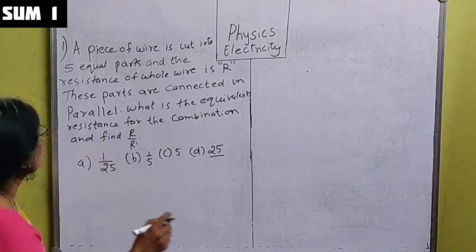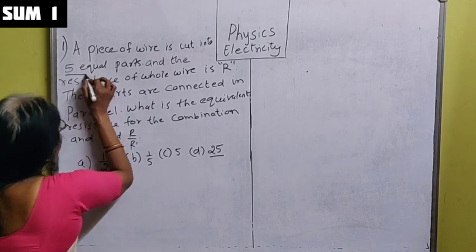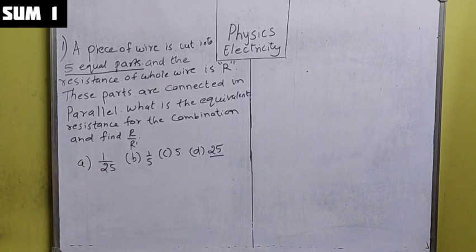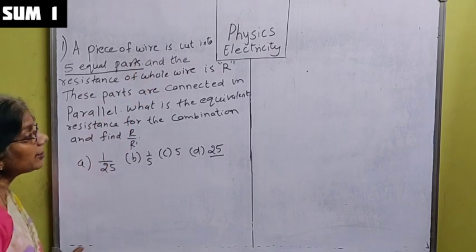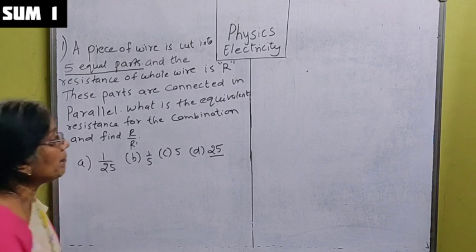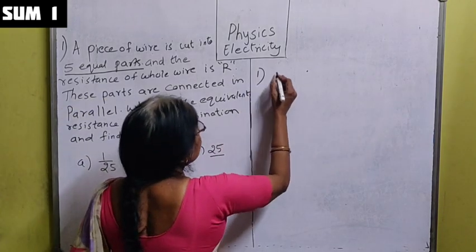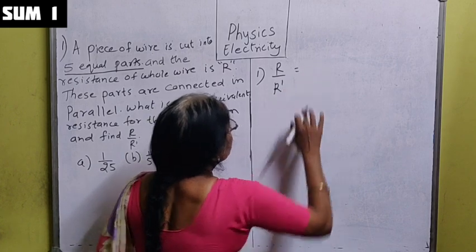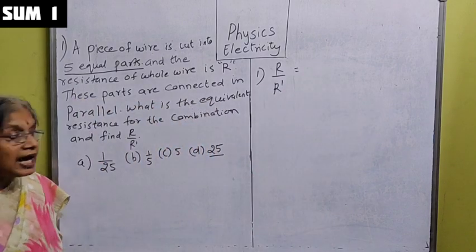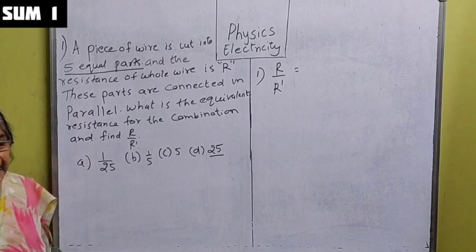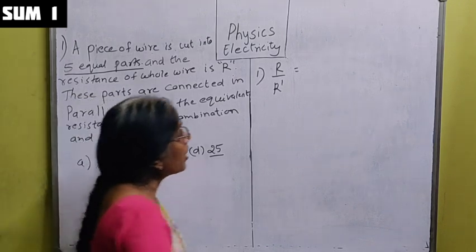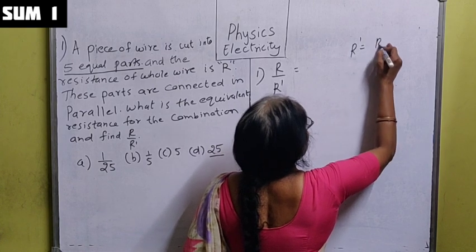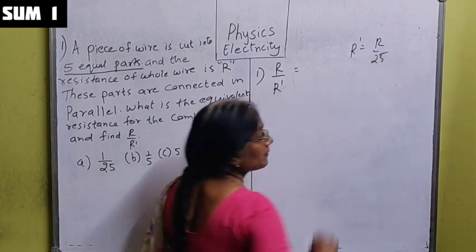Okay, a very important thing you have to keep in mind. The whole wire is divided into 5 equal parts. In the first case, he has asked the ratio of R by R dash. R dash is when they are connected in parallel. So we saw that R dash we got as R by 25.